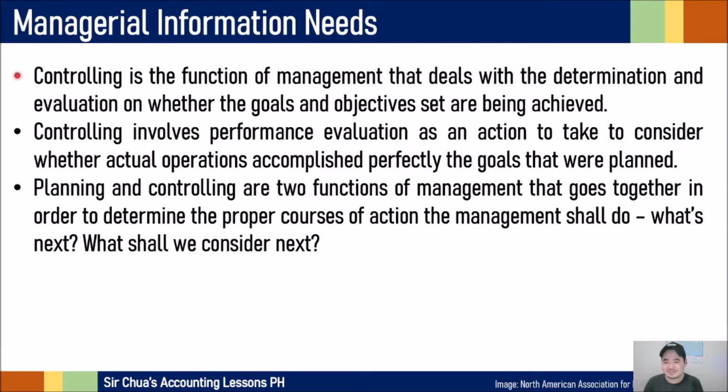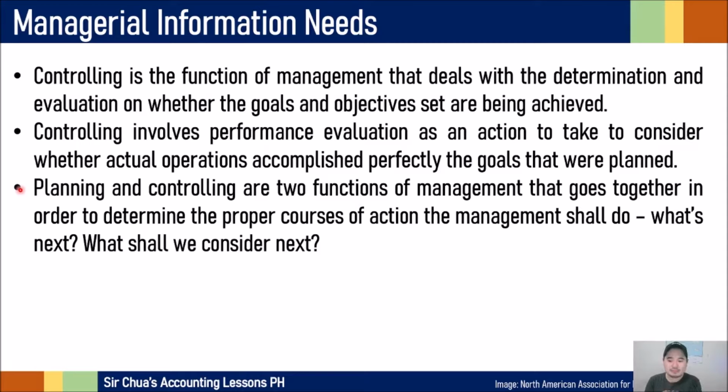Okay? Now, controlling involves performance evaluation as an action to consider whether actual operations accomplish perfectly the goals that were planned. Planning and controlling are two functions of management that go well together in order to determine the proper courses of action the management shall do.